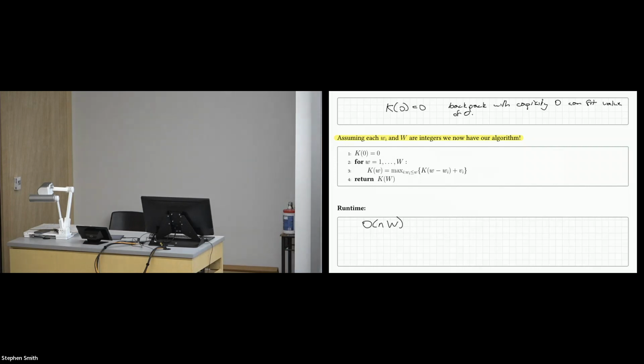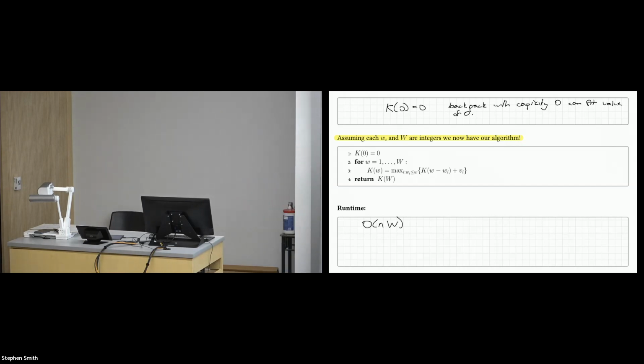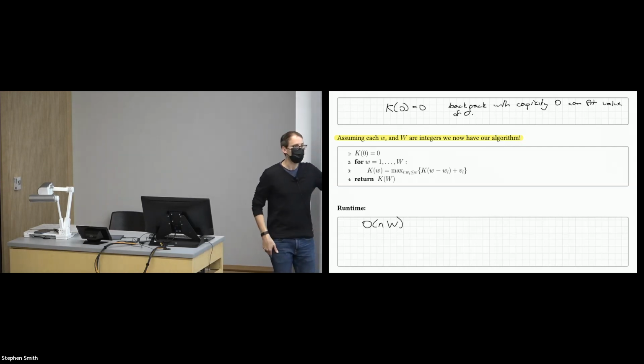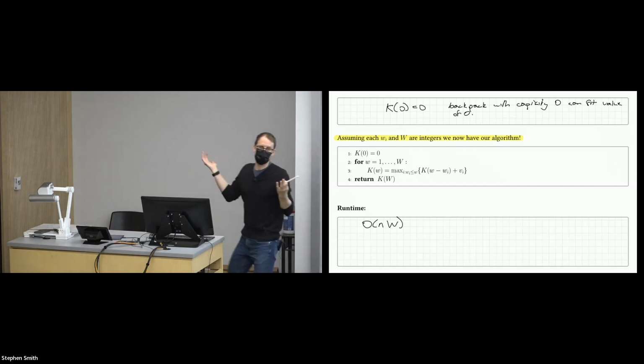The number of bits I would need to represent W is like log W bits. But this algorithm is scaling not with the number of bits in W, it's scaling with the value of W. So for example, if I make capital W 1 billion, that's still a small input. It takes log of a billion bits to represent, but now my for loop is going to run a billion times. Or if I make capital W 10 to the 20, the algorithm will never terminate essentially, even though I can input 10 to the 20 in a small number of bits.